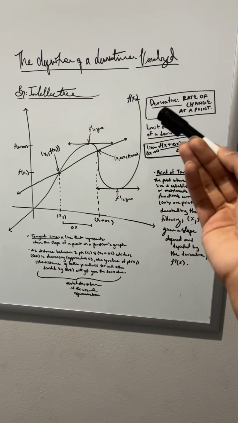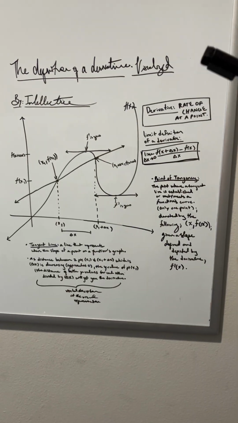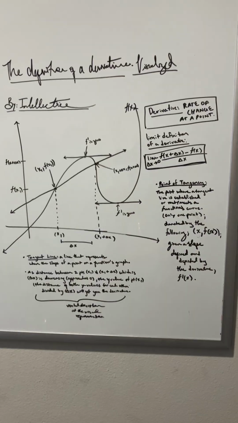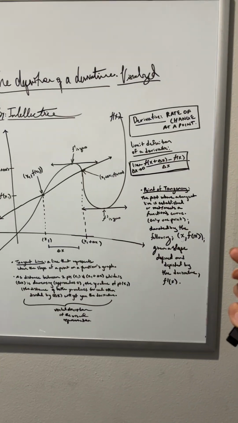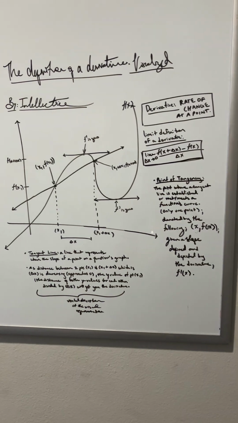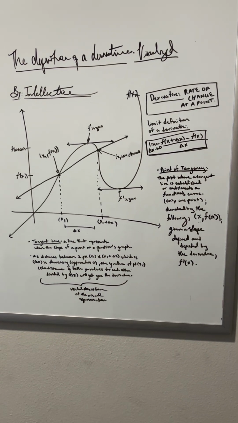So wherever the tangent line meets a function's graph or curve, there is always going to be a point of tangency. And it can be noted as x comma f of x, right? A normal coordinate point, given a slope defined or described by a derivative f prime of x.